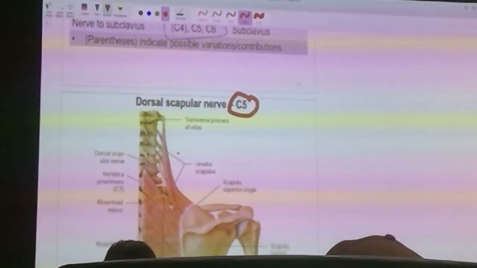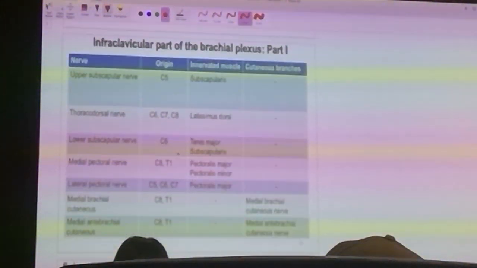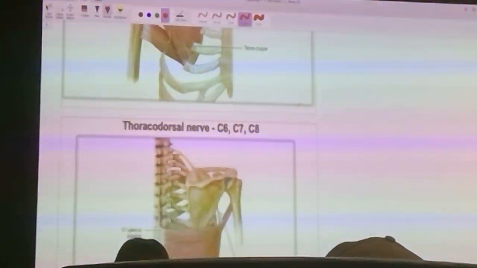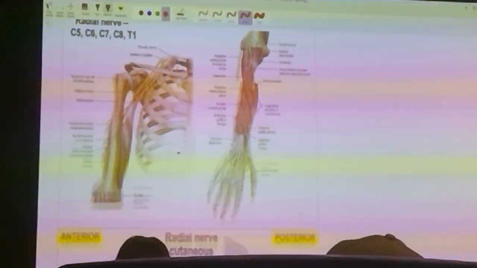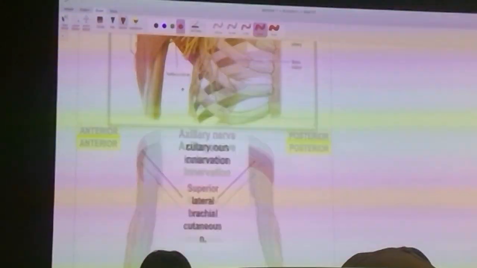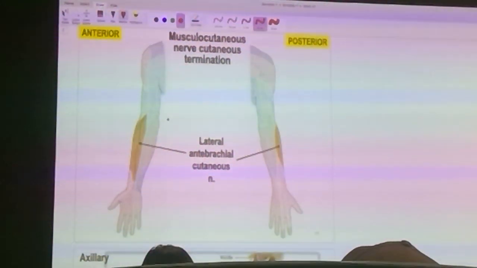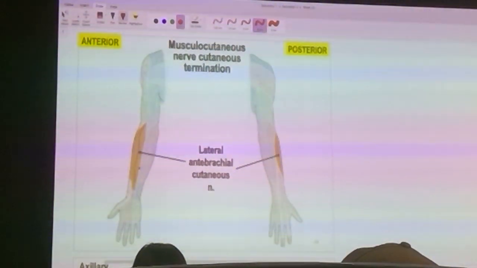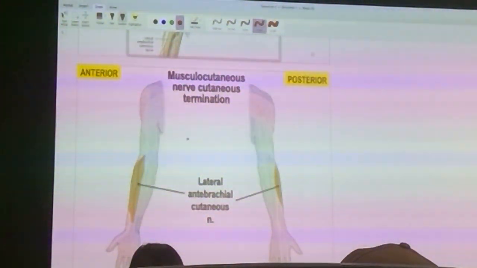Know the roots for every nerve. And then the money is the innervation. If you know the sensory innervation, you know the answer, because that's how they give it away. They'll describe the numbness, and from that numbness you can tell what's damaged. So make sure you know the cutaneous innervation.